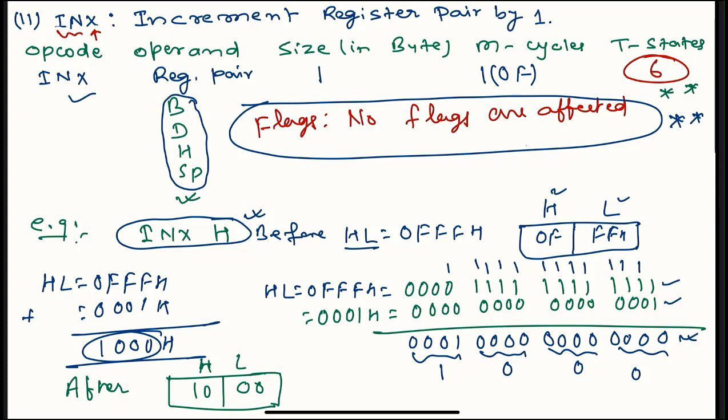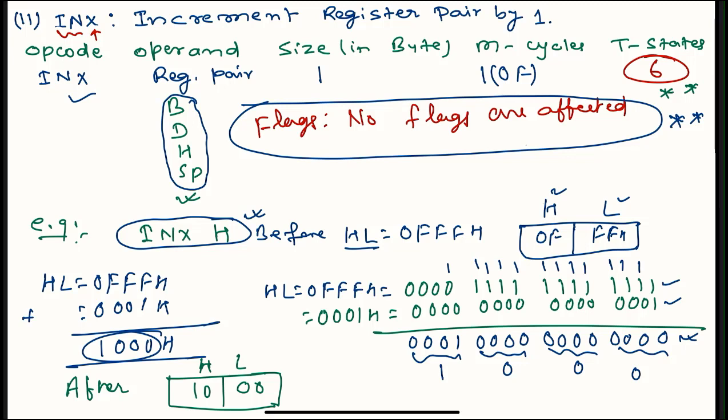These instructions are basically used as a memory pointer during the execution of stack-related or memory-related programs. So it is not performing any arithmetic operations apart from this addition, which is used to point to the next location.